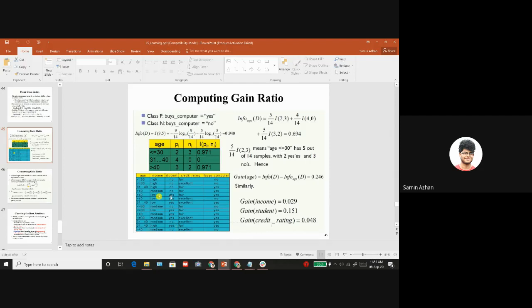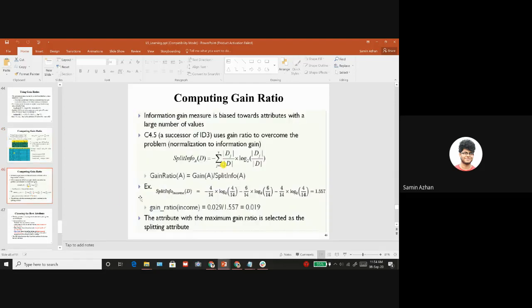So the split info should be minus 7 divided by 14, the probability of yes, times log 2 of 7 divided by 14, minus 7 divided by 14, the probability of no, times log 2 of 7 divided by 14. Any questions, or do you still not understand how we can calculate the split info?